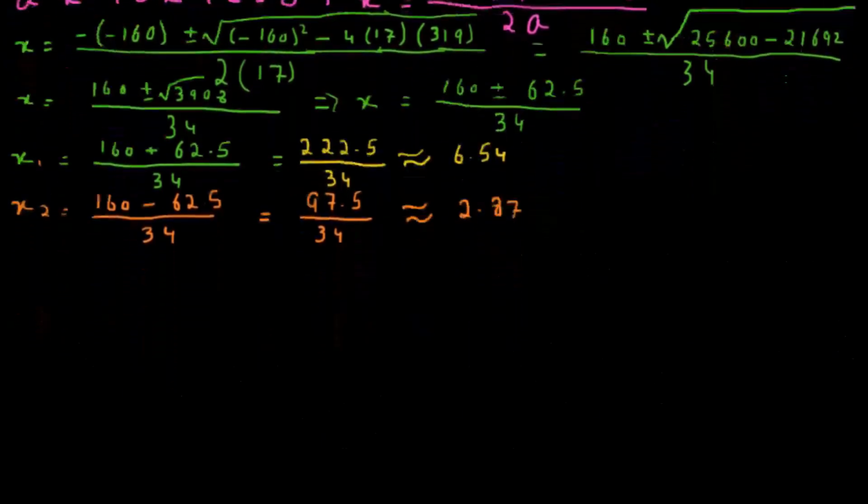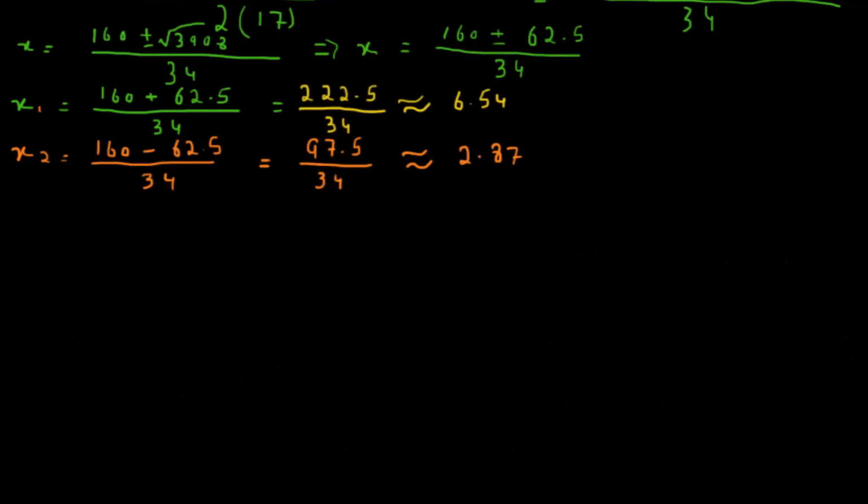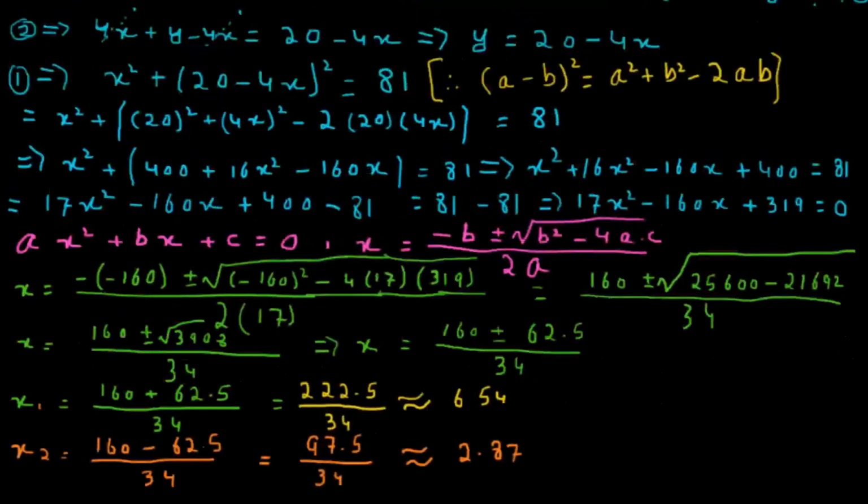Similarly, when we have two values for x, I can also get two values for y. Now to know the corresponding values of y, I will use this equation. So let me write this equation, that is y is equal to 20 minus 4 times x.